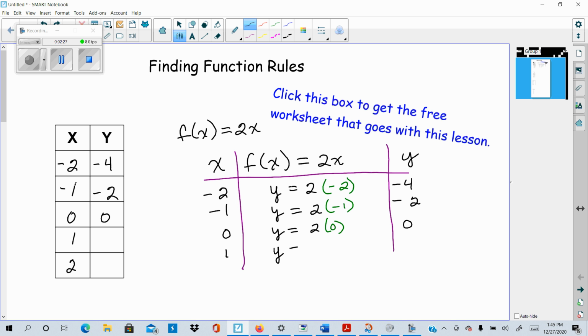So if x is equal to 1, y is going to be equal to 2, and if x is equal to 2, y is going to be equal to 4.